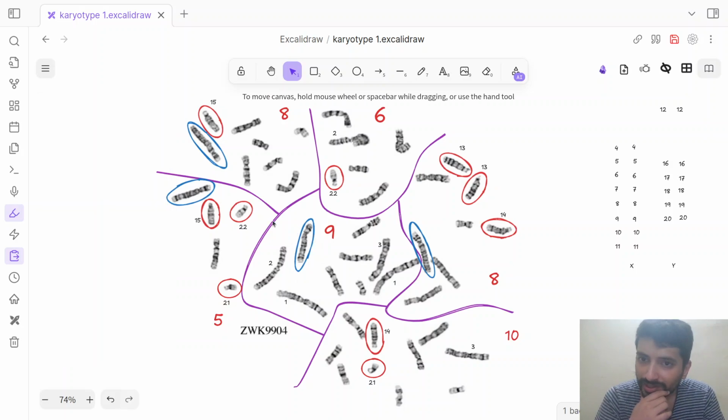So here you can see that this is a submetacentric chromosome, and these are the four basically. We just have chromosomes 4 and 5 in this group, so not many to look for. I'm just eyeballing the rest of the chromosomes to see if I by mistake labeled one wrong.